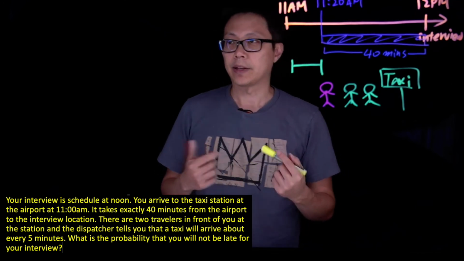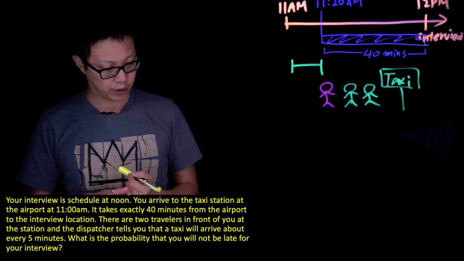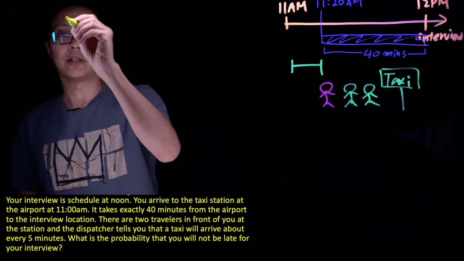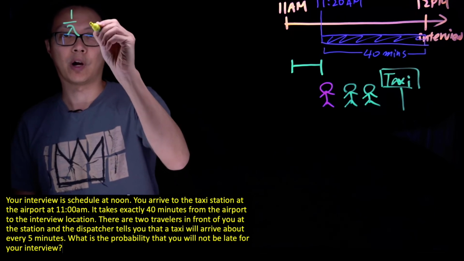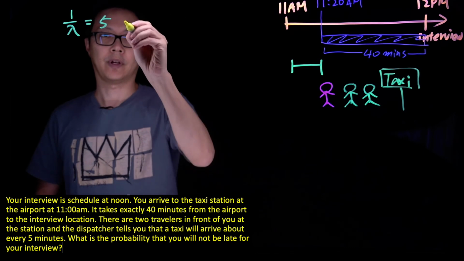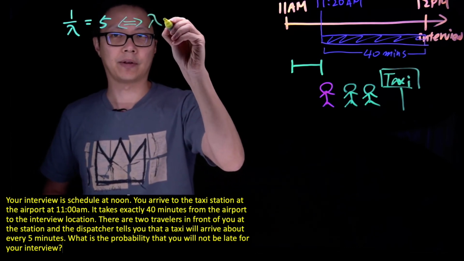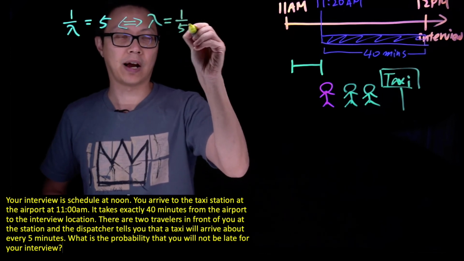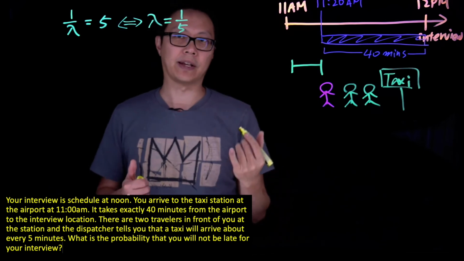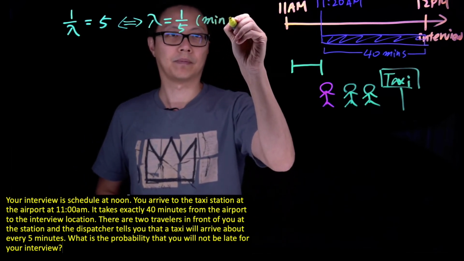Okay? Now, let's figure out the lambda first. We know the taxi will arrive about every 5 minutes. So the inter-arrival time, 1 over lambda, will be equal to 5. So this can be translated into lambda. The lambda will be 1 over 5. And this is 1 over 5 taxis per minute. Okay?